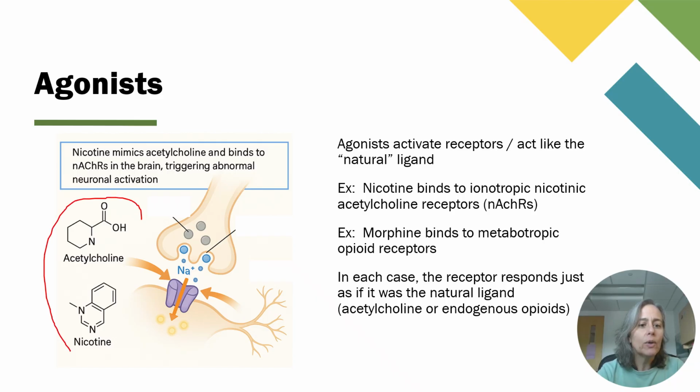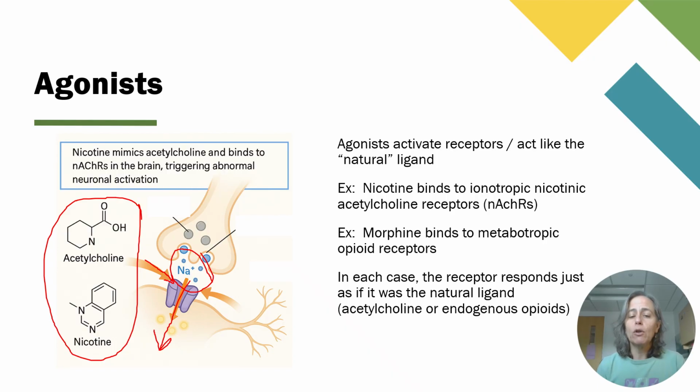So either acetylcholine or nicotine can bind to this receptor, which is an ionotropic receptor, and it will open and allow sodium ions to travel into the cell according to their electrochemical gradient, which would move it closer to threshold, right? It's going to depolarize the cell. So nicotine is an agonist. It mimics the natural ligand for the receptor. So nicotine is an acetylcholine receptor agonist. It activates it, makes it do the thing that it would normally do.